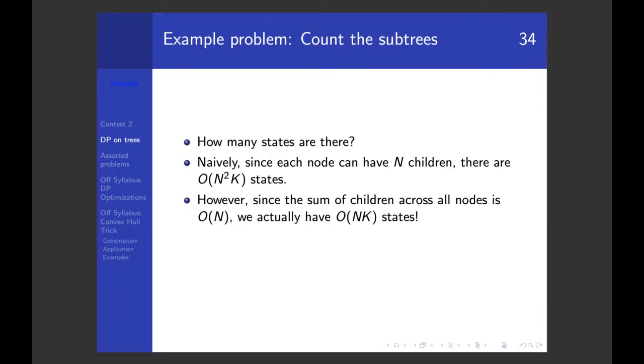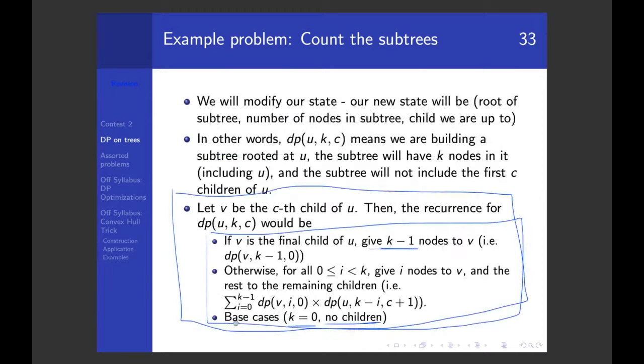In other words, this child state idea does not increase the number of states from a complexity point of view, which is nice. The number of states remains the same. The recurrence at each state is order k, because if you go back, you're doing k things here.